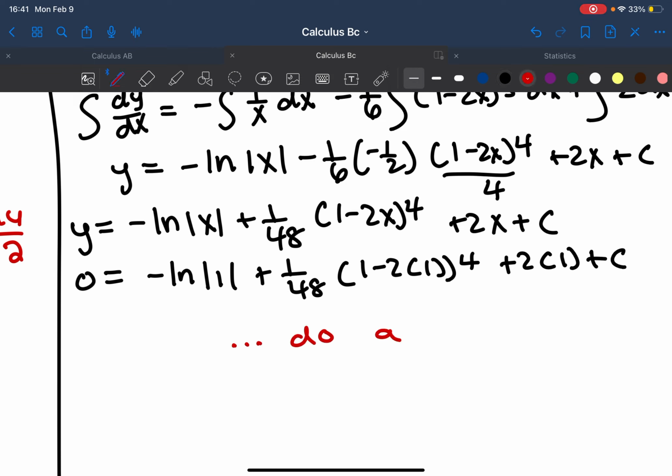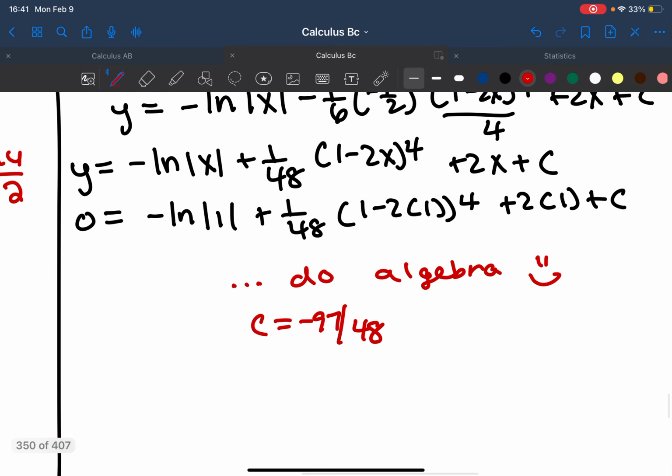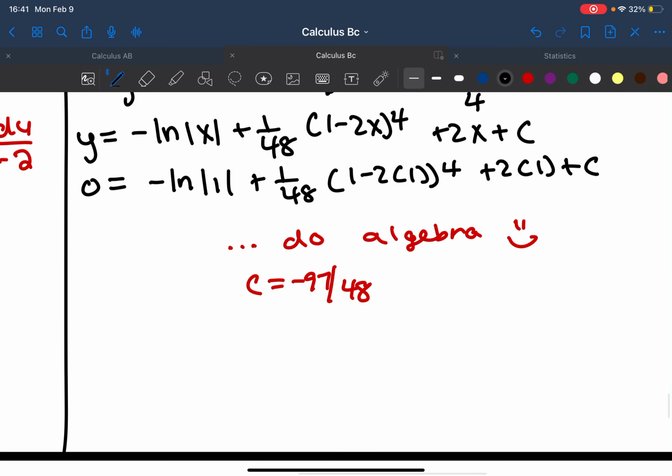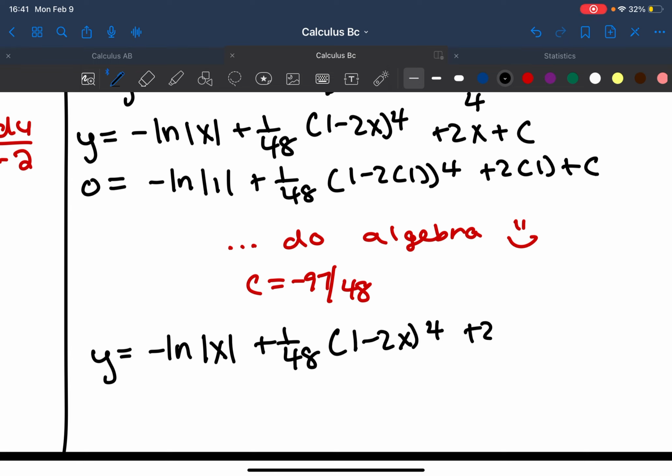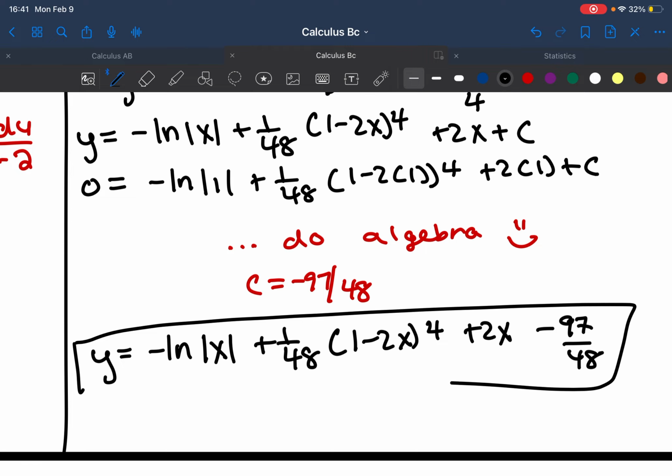Do some algebra, and we get c is equal to negative 97 over 48. And so we get our particular solution to be y is equal to negative natural log absolute value of x plus 1 over 48 times (1 minus 2x) to the 4th plus 2x minus 97 over 48. And that would be my answer.